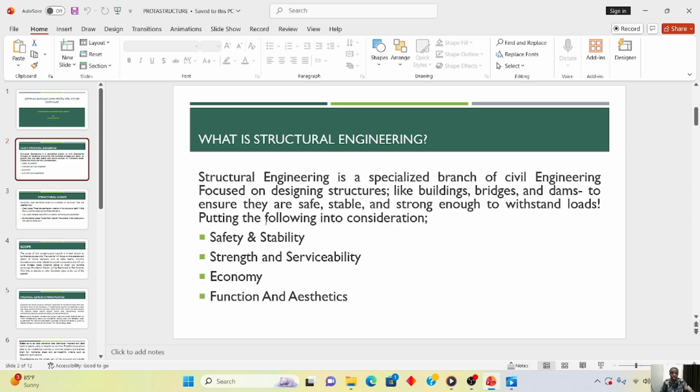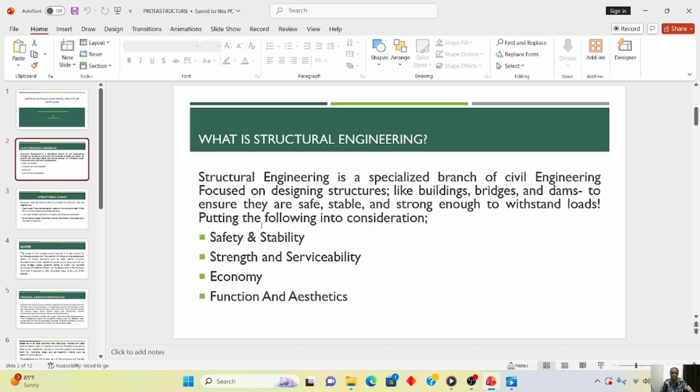So, structural engineering is actually a branch of civil engineering that is focused on designing buildings, dams, bridges, etc., such that they are safe, they are stable, and also strong to withstand loads.